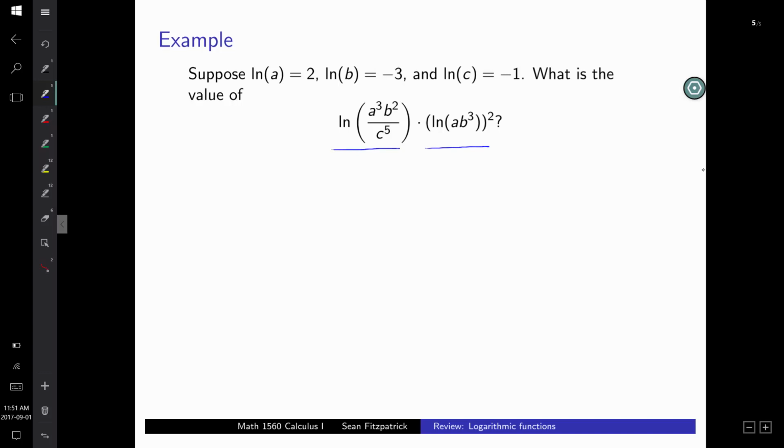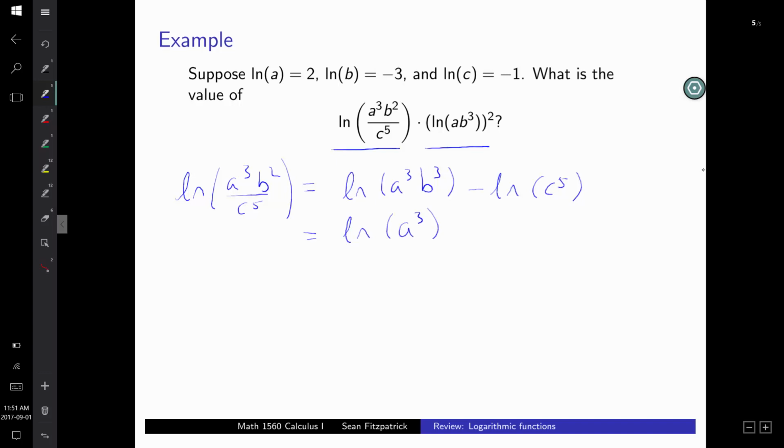So let me do the first one. The natural log of a cubed b squared over c to the 5th: let's use the quotient rule first. I can write that as the natural log of a cubed b squared minus the natural log of c to the 5th. I'm going to include all the steps, by the way. Once you get comfortable with this, you will probably skip some of these steps.